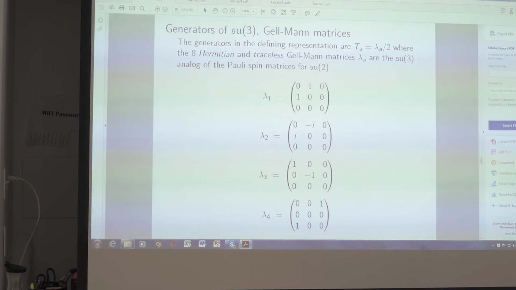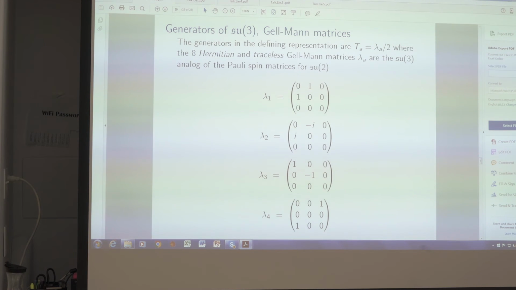The first 3, if you look at the 2 by 2 Pauli spin matrices, I'm going to embed them into 3 by 3 matrices. So I have embedded the first, second, and third Pauli spin matrices into 3 by 3 matrices.